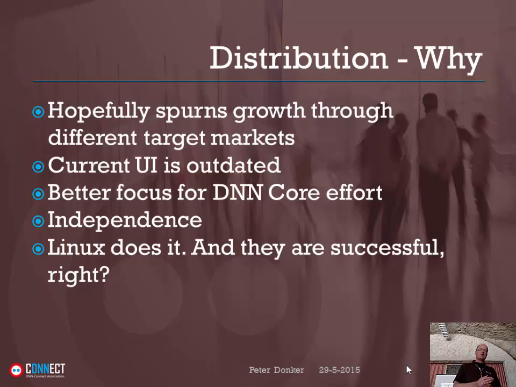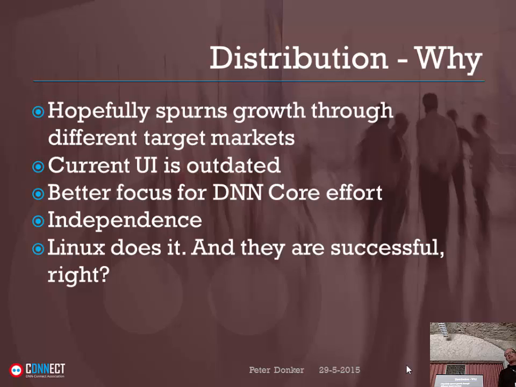So why do I think we should be talking about distribution? One of the big advantages is that multiple distributions can target specific submarkets. Currently we have DNN Platform, which targets kind of everything, and it is not uncommon during debates about this versus that feature that what bubbles up is that people are using it for different scenarios.